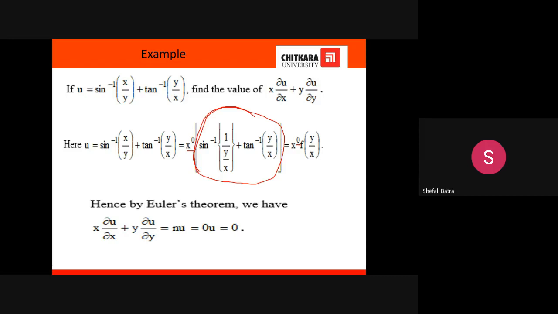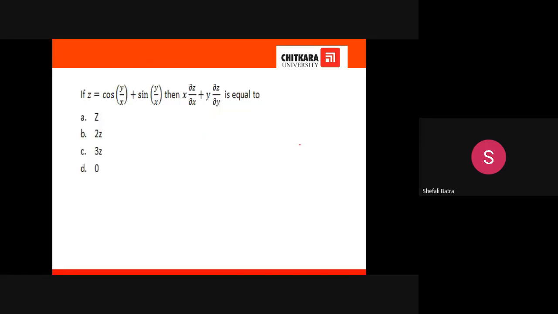Right? Now, tell me the answer. If z is equal to cos y by x plus sin y by x, then x ∂z/∂x plus y ∂z/∂y is equal to what? z, 2z, 3z, 0.